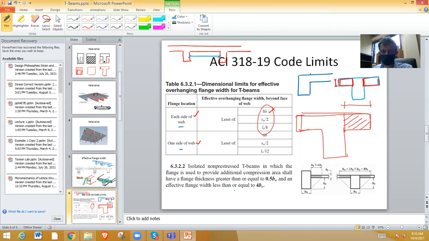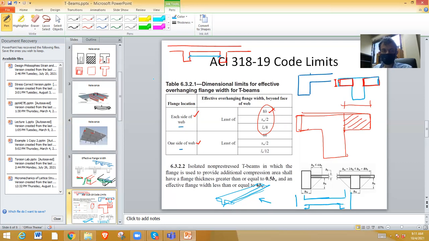That means if your beam is sitting between supports, let's say I look at it from here, here is a column and here is your floor span and here is your beam, here is the next column.